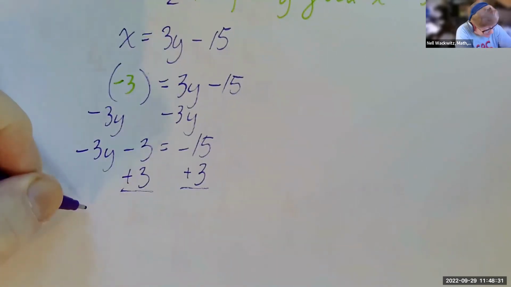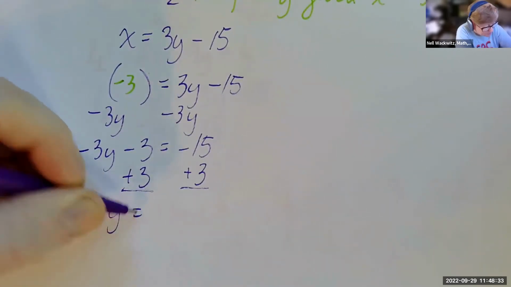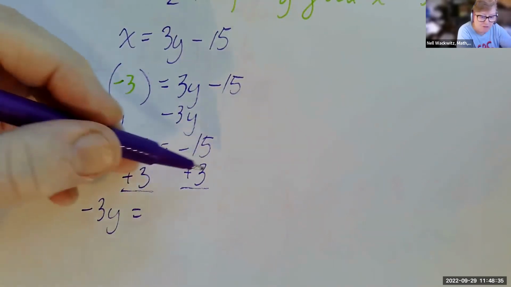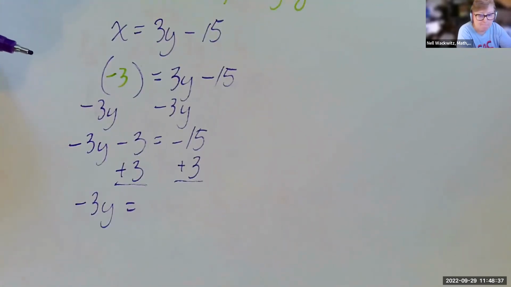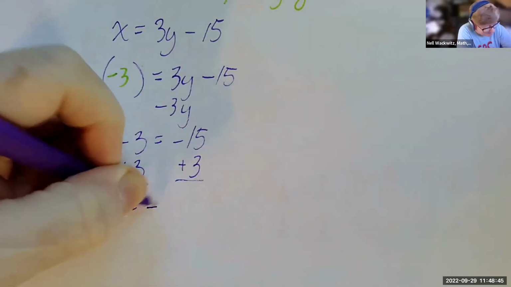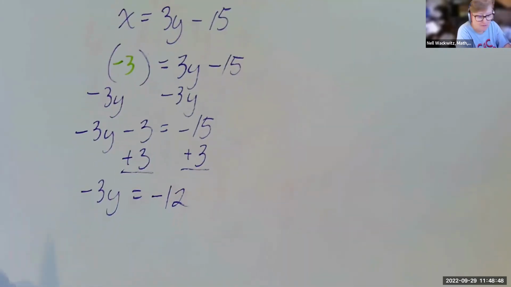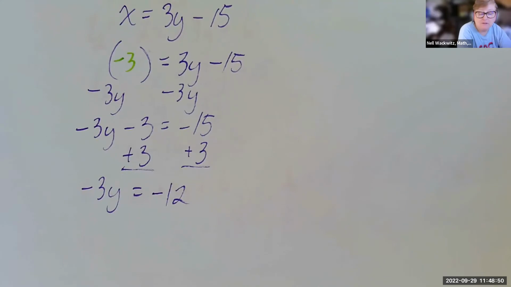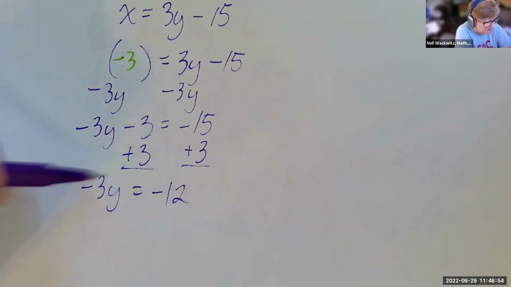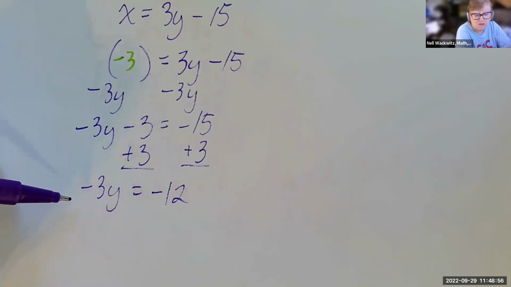So now I've got -3y equals, what is -15 plus 3? That would be 12, -12. Yeah, good. And how can I find y now that y doesn't have anything added or subtracted to it?